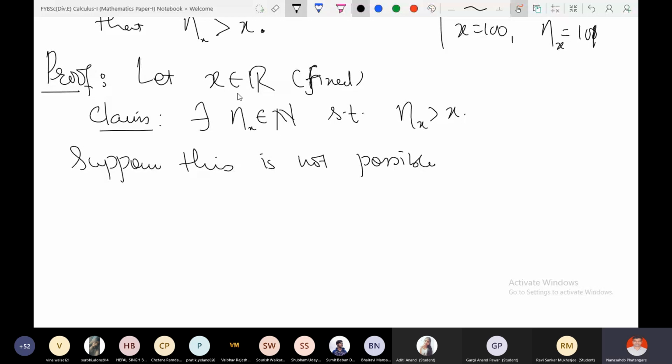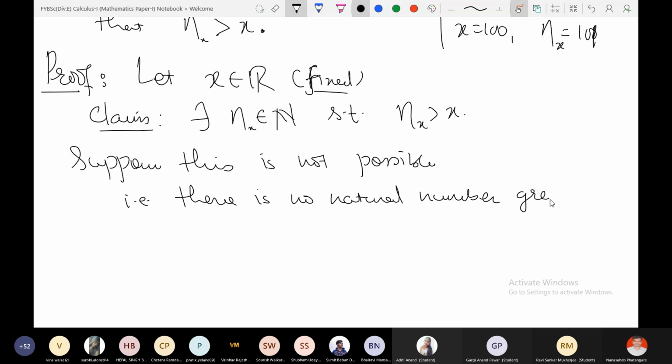Right? Suppose we are given some x, and for this x there is no natural number greater than this x. This particular x, right?